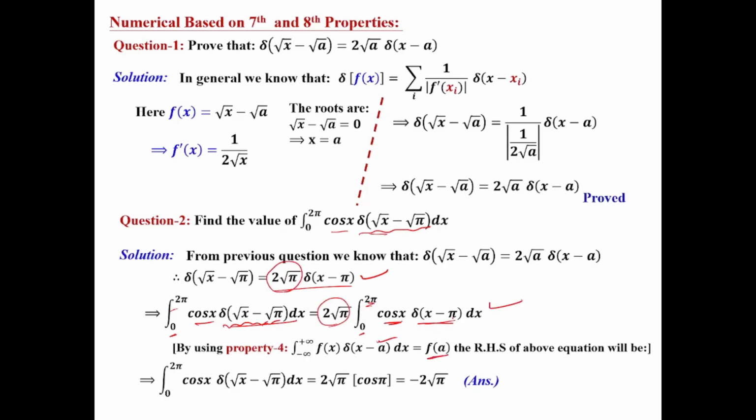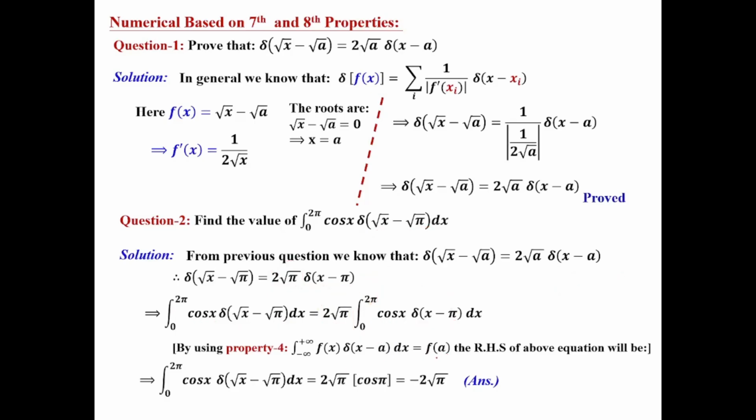Here a is pi, and always check whether this a exists in the limits. The range is 0 to 2 pi, and the delta function exists at pi inside this range, so we can get the value. So just apply the fourth property.